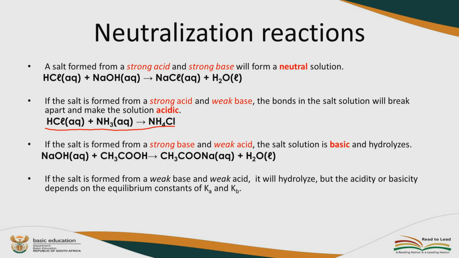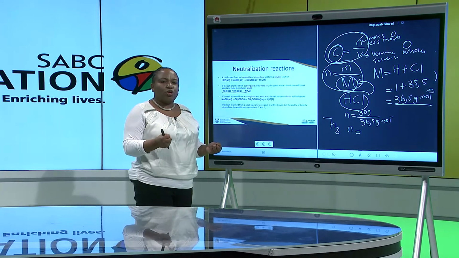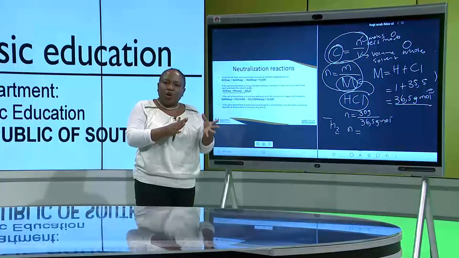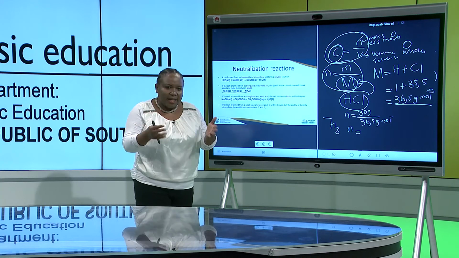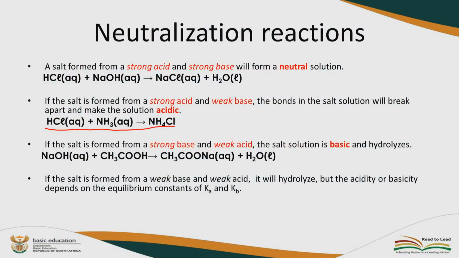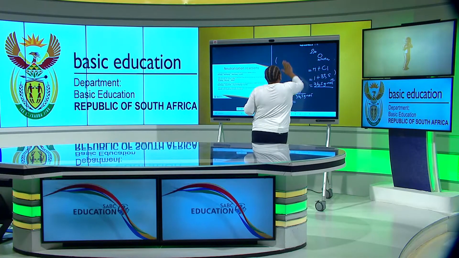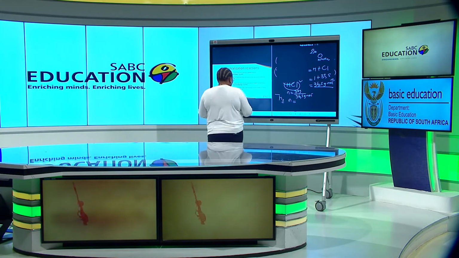Ammonium chloride is a salt. For you to determine whether it's an acidic salt or a basic salt, you must firstly identify the acid and the base that formed that salt, so that you know that if it's a strong acid and a weak base, that salt must be acidic. However, you can also make the salt react with water to check whether it is acidic or basic.